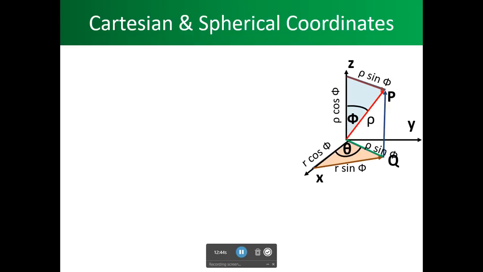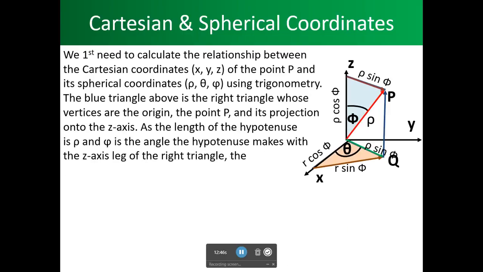So let's look at the Cartesian and spherical coordinate system for the moment. Okay, we're going to first always need to calculate the relationship between the Cartesian coordinate system, which we'll be looking at down here, and our spherical coordinate system.